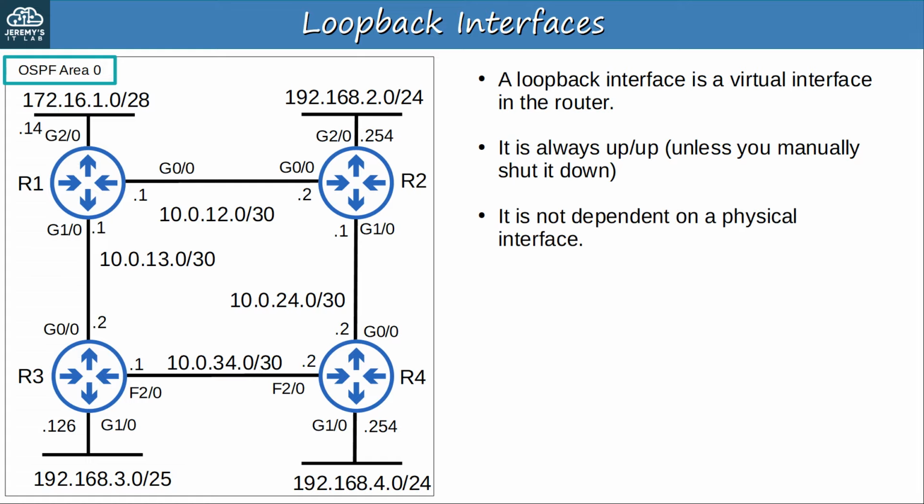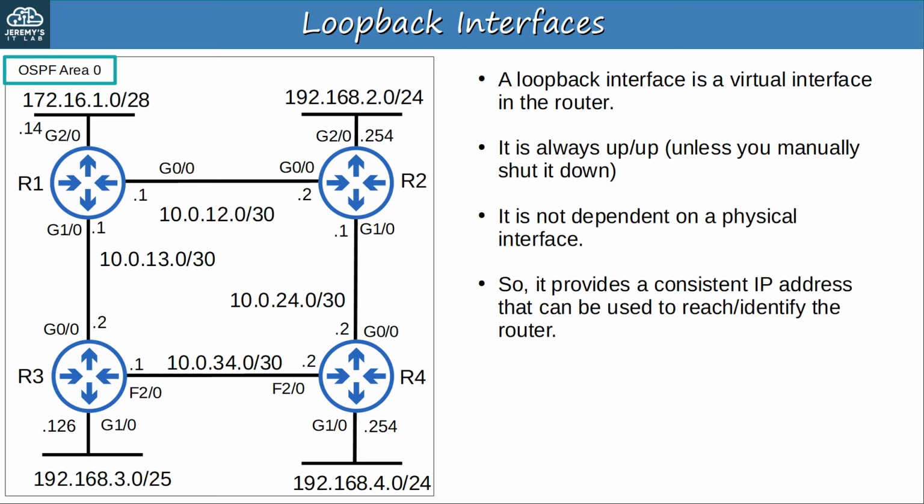So this means that the status of a loopback interface isn't dependent on a physical interface. Physical interfaces can have hardware problems and fail. However, that can't happen to a loopback interface, unless the router itself fails. So it provides a consistent IP address that can be used to reach and identify the router.